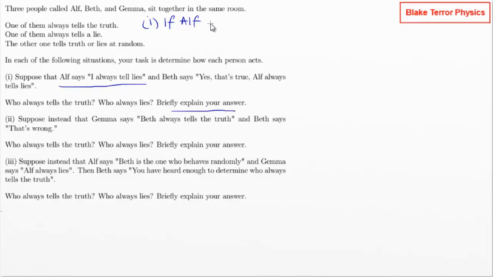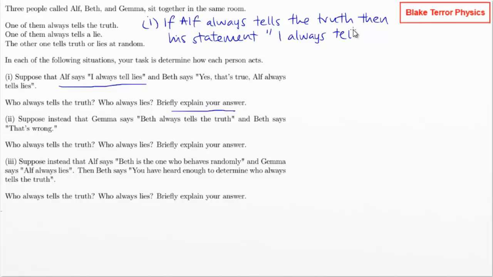If Alf always tells the truth. So we're just starting off, always tells the truth, by saying, right, this is a situation that we are investigating. Then let's see what the consequences are and see if we find a contradiction. If Alf always tells the truth, then his statement, because this is clearly going to be a contradiction straight away, because if he always tells the truth, saying I always tell lies is a contradiction.